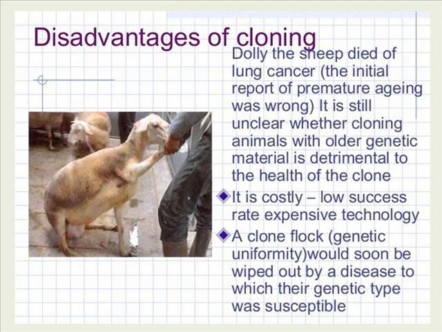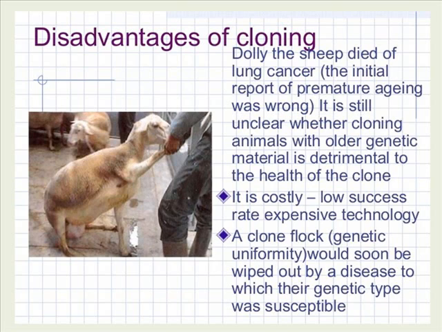The third disadvantage of cloning from this slide that I want to talk about is that if you clone an entire group, that's where the word flock comes in on the slide. If you have an entire group of cloned animals, all of their DNA would be the same. So if a disease were to be introduced to this group, none of them would have any resistance.